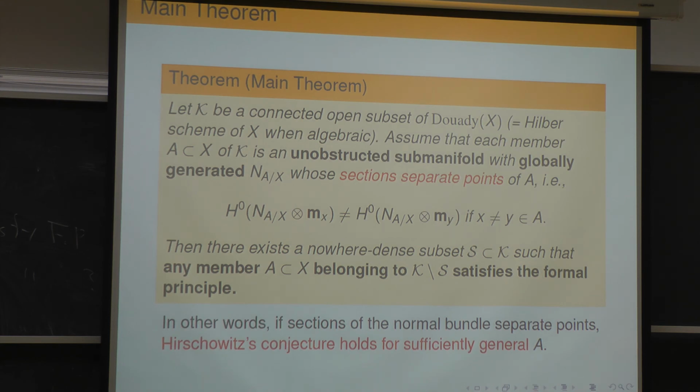But if you go to higher dimension, this is still unknown, whether a free line satisfies the formal principle. But my result says that at least a sufficiently general line satisfies the formal principle.